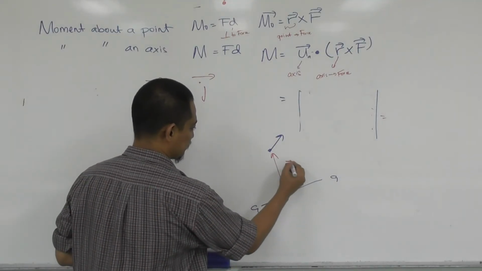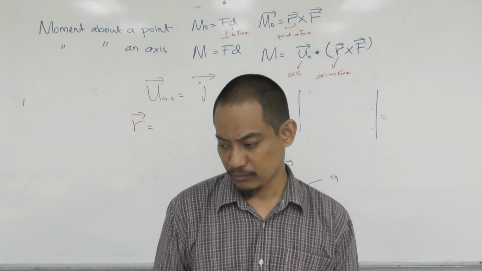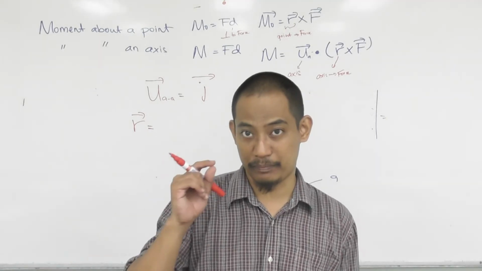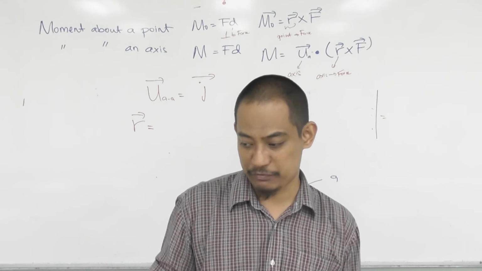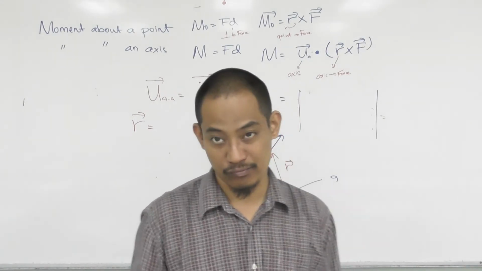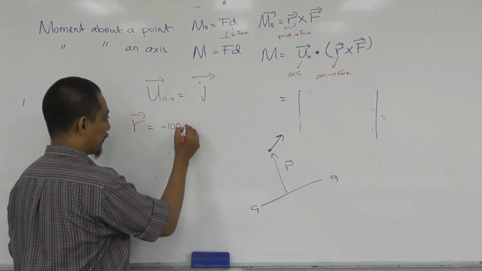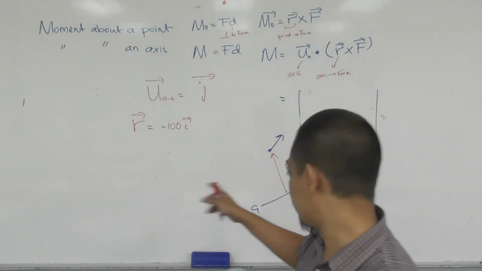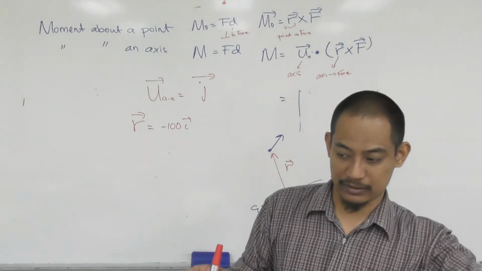this r, right? So from the dimensions given, x will be, okay, be careful about the position, right? So x will be negative 100 i. Why negative? Because it's from the axis to the point of force, and it's on that side.